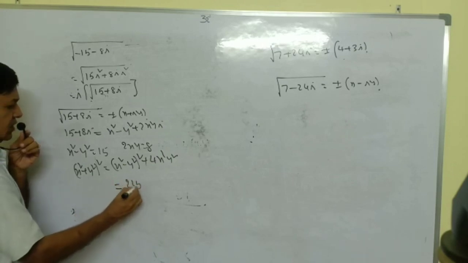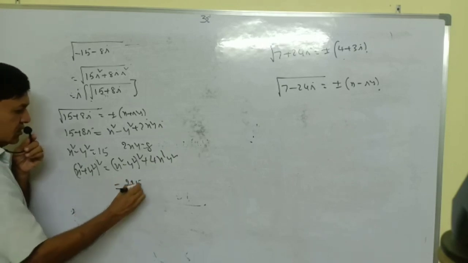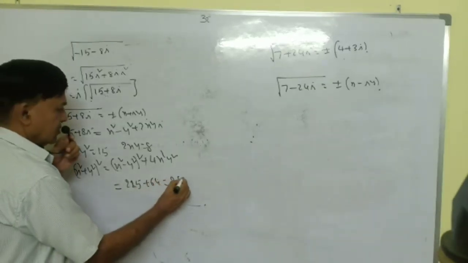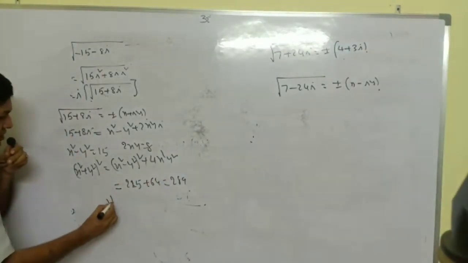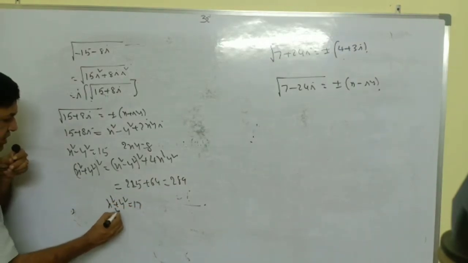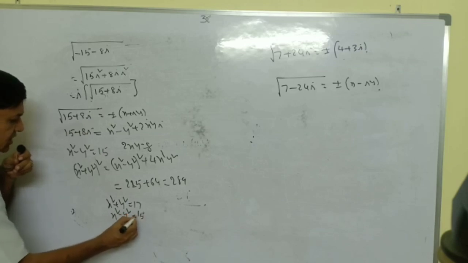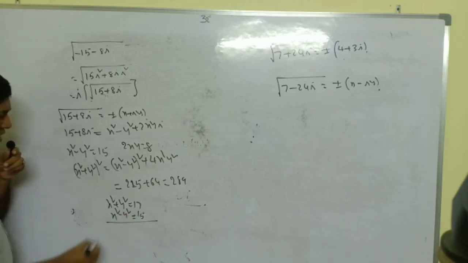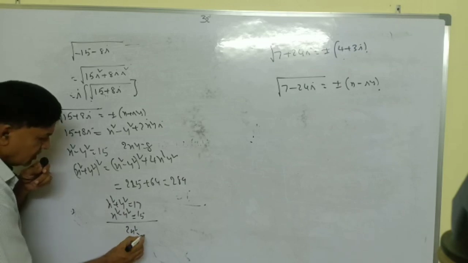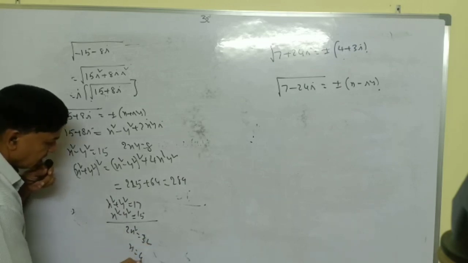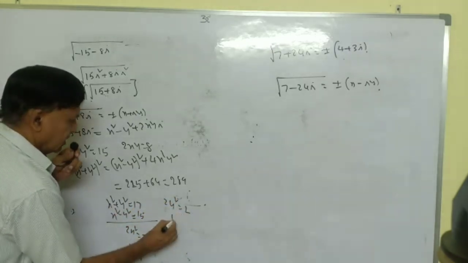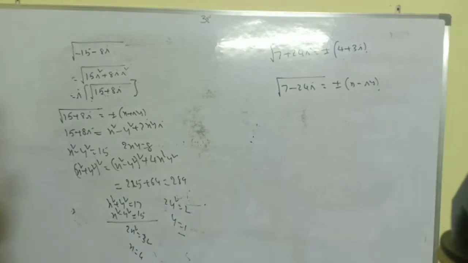This is 225. This is 64. This is 289. So x square plus y square is 17. X square minus y square is 15. Add: 2x square is equal to how much? 32. X is 4. Subtract: 2y square is 2, y is 1.